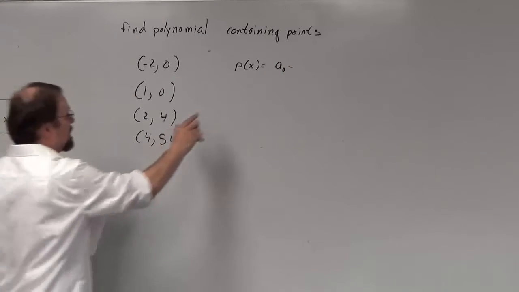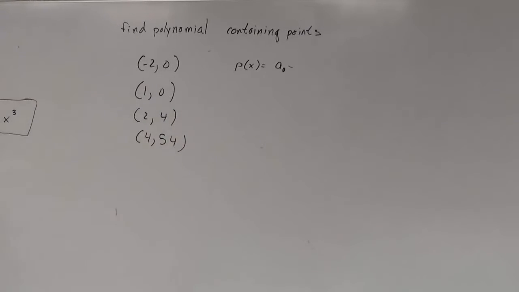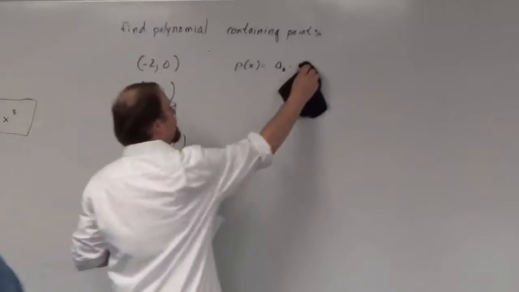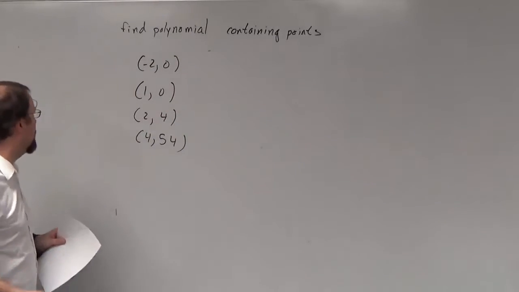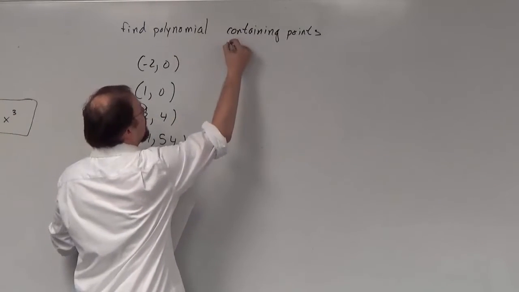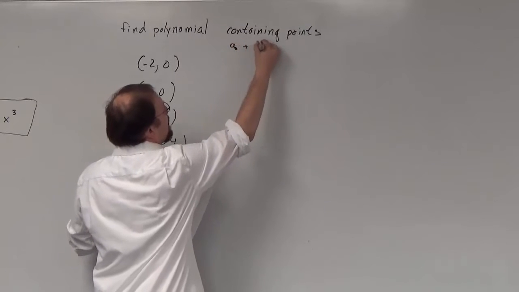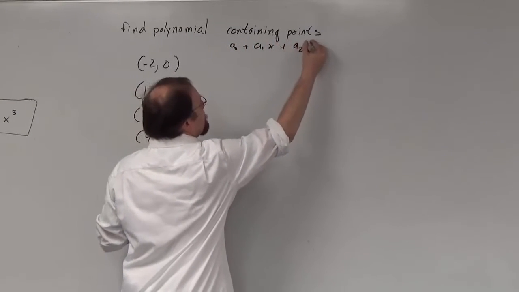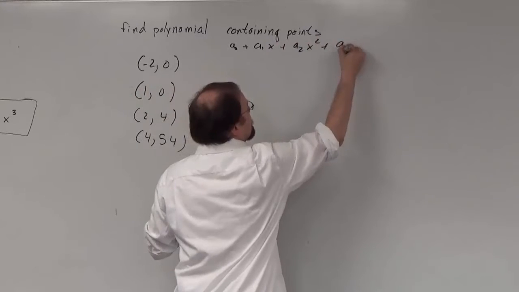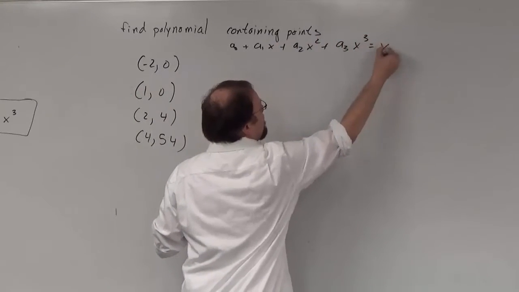And I'm going to write these out in, maybe we're not used to this convention, you write the powers of x in ascending order. But it makes the matrix you get easier to deal with. And that gives me some y value, right?